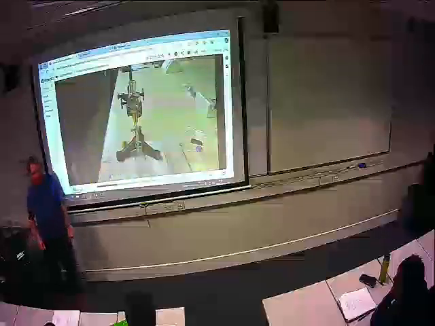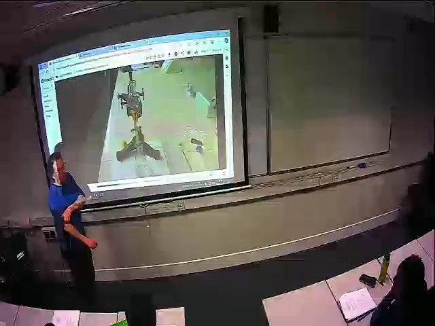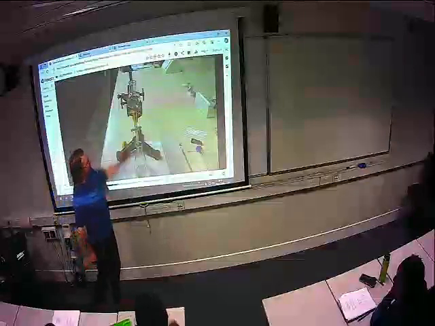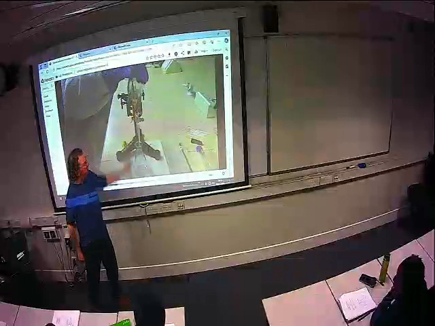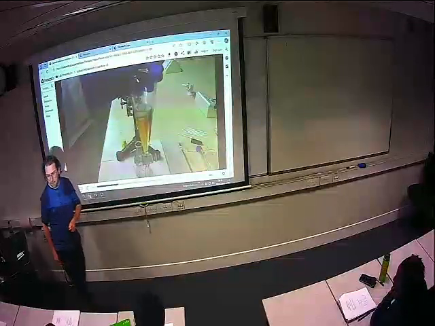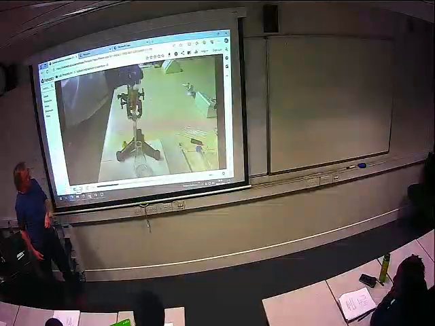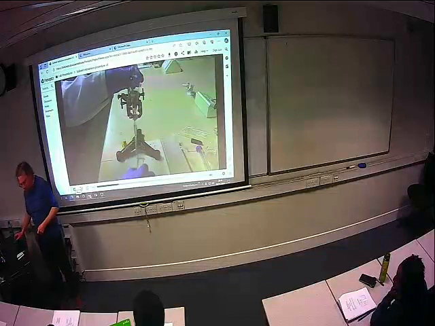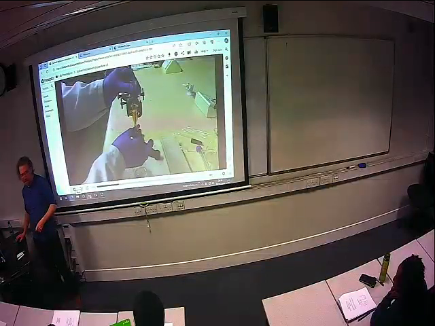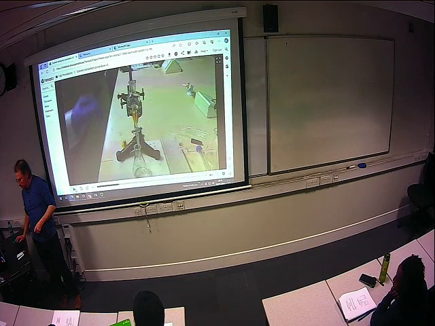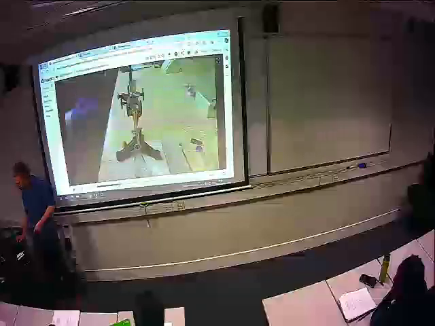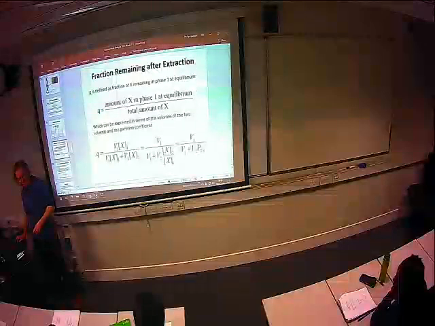So that's the extraction. They've now settled out, so you can drain them through the tap at the bottom of the apparatus. We're still in the solvent extraction procedure here, the separation.